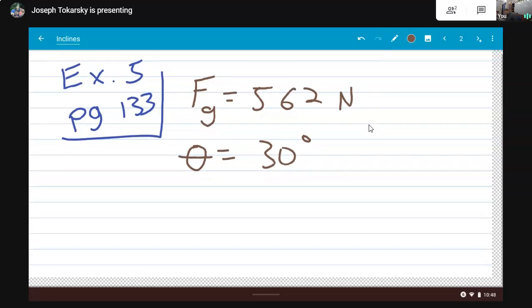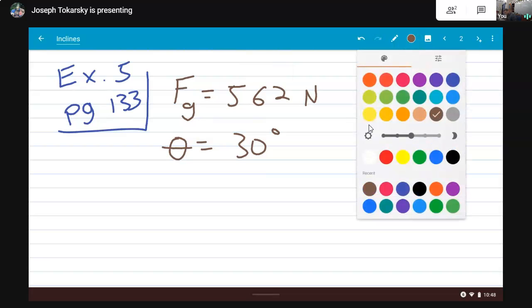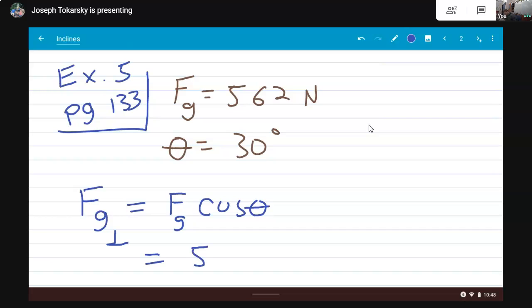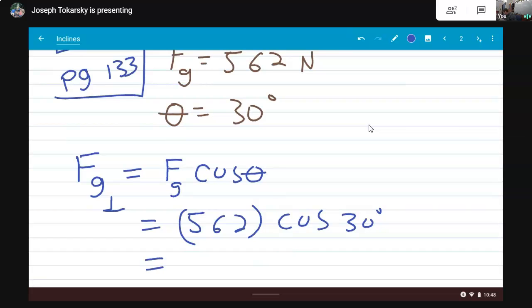So this is just plug and chug. But while it's important that you know how to do this, it's most important that you know what they represent. So let's find them and talk about that. Using the formulas we just derived on the prior page, FG perpendicular equals FG cosine theta, and that's 562 times the cosine of 30 degrees. Again, super important your calculator is in degree mode.